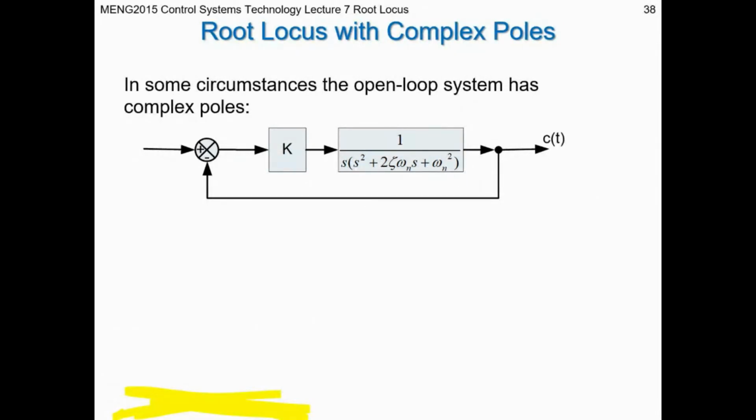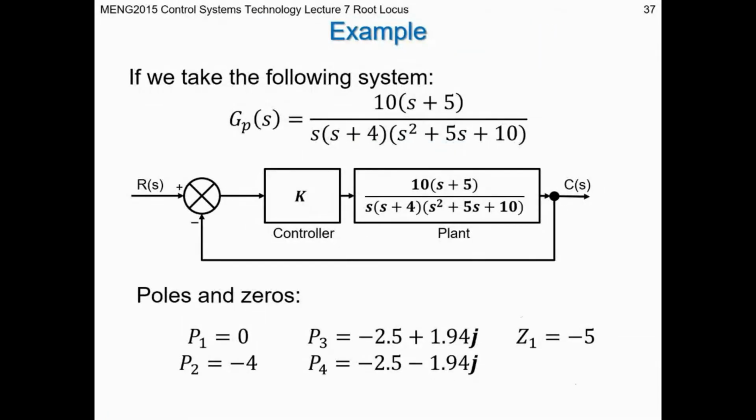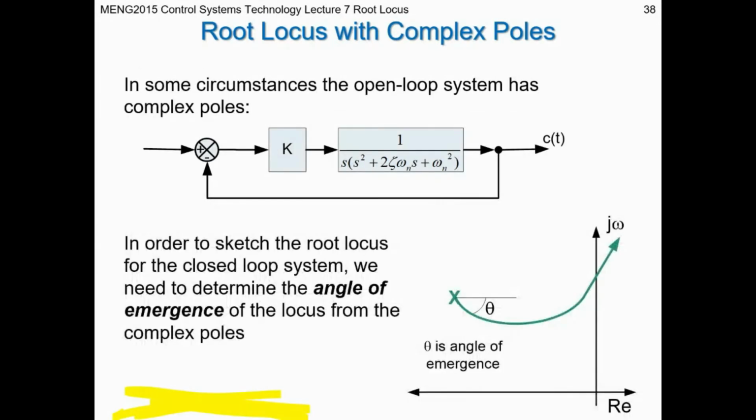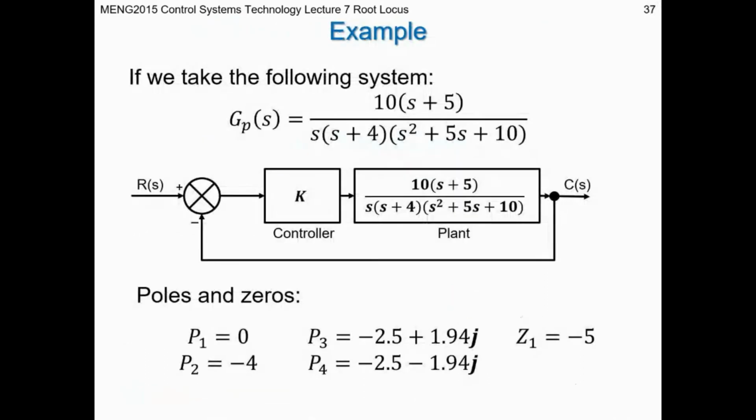And if we wanted to now plot this system, we would be faced with a problem, because we can easily draw the location of P1, P2, and Z1. We can draw the location of P3 and P4, but we don't know where the locus that emerges from these two poles, the two loci, one from each pole, how they emerge.